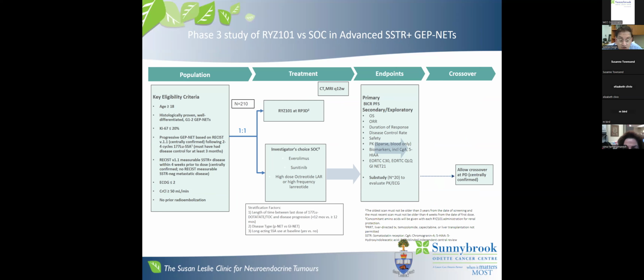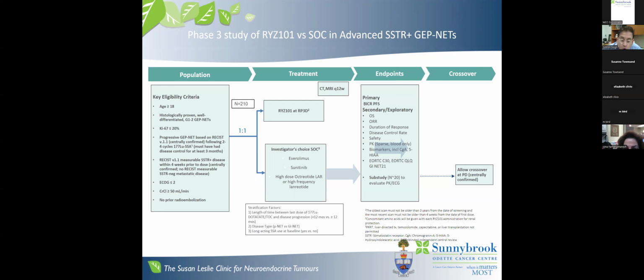They have an actinium-225 compound. They're looking at patients in a similar population: all gastrointestinal patients who had at least 6 months response, so a slightly more aggressive population than our NET RETREAT study. And they're retreating them with either alpha radiation using actinium-225 or investigator's choice of everolimus, sunitinib, or high-dose octreotide, as we discussed.